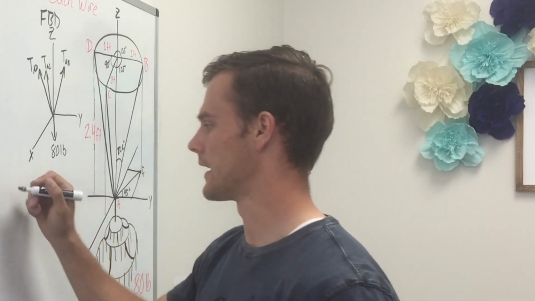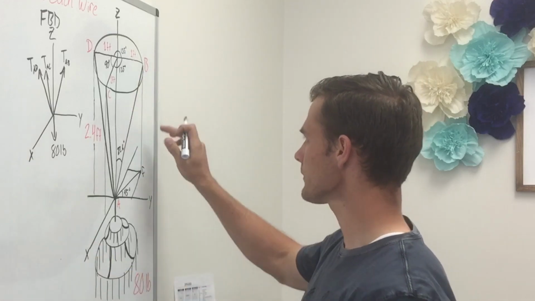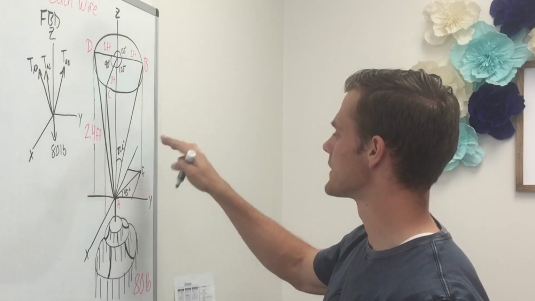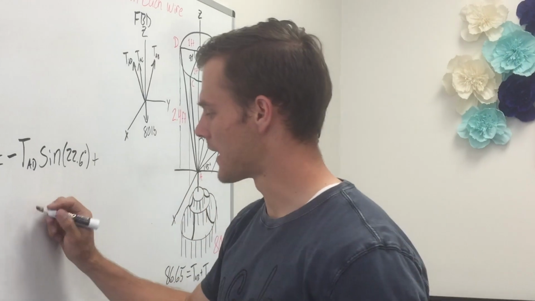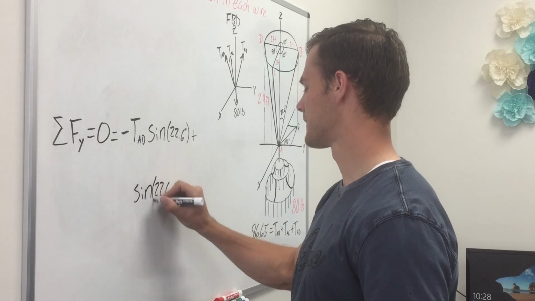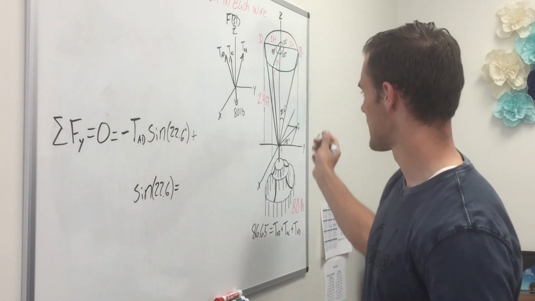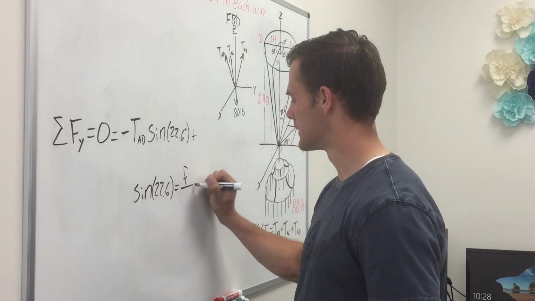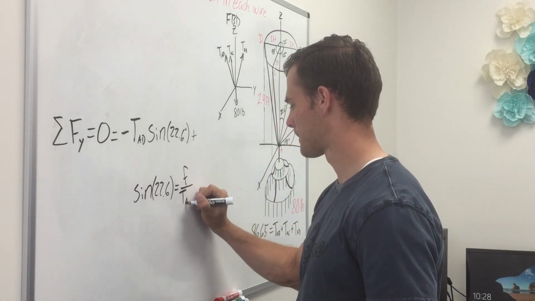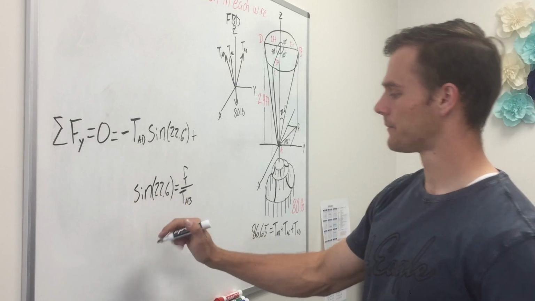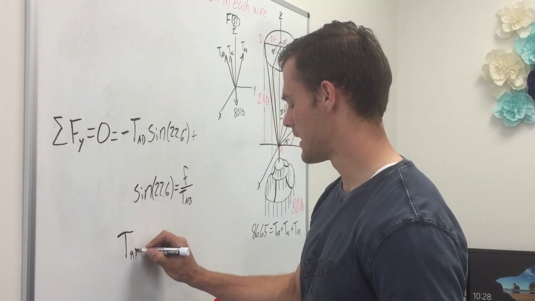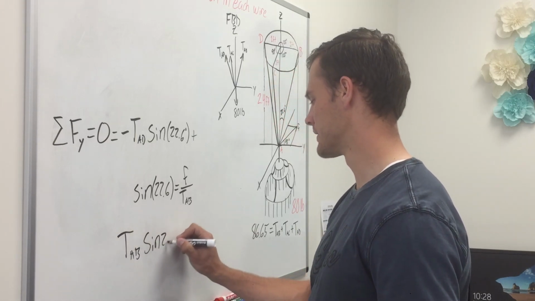So kind of going over that again, the force F is going to equal the component of this cable going in this diagonal direction, so the sine of 22.6 degrees equals F divided by the tension in cable AB. So we'll multiply that over, and we'll get that the force F is equal to TAB times the sine of 22.6.